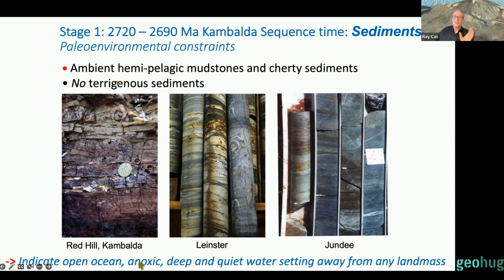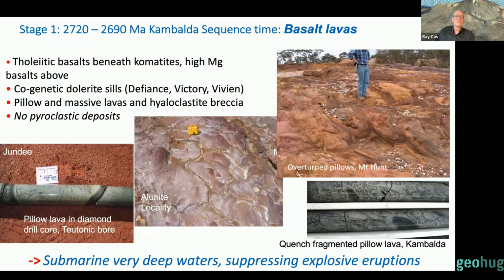The black mudstones indicate anoxia, so lack of oxygen, which of course at that time was not unusual because there wasn't a lot of oxygen in the atmosphere anyway, but just generally a deep and quiet water setting away from any landmass. Nearby land masses would shed coarser clastics into the basins. And we'll come back to the significance of that with the younger stages.